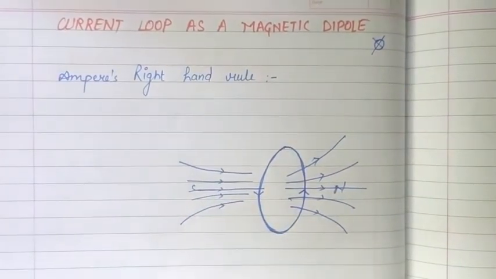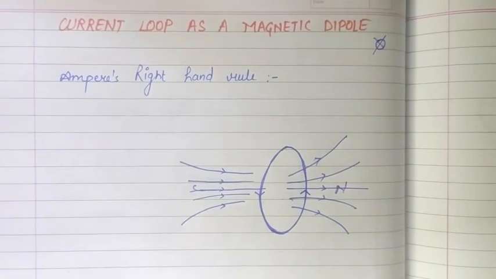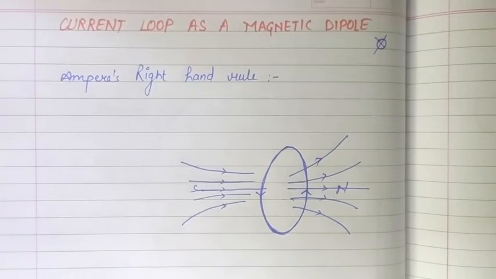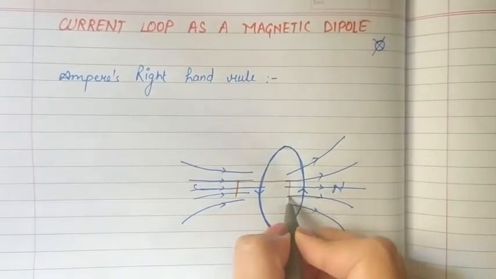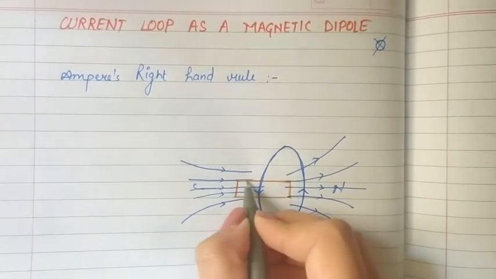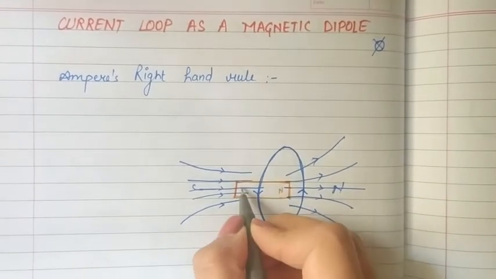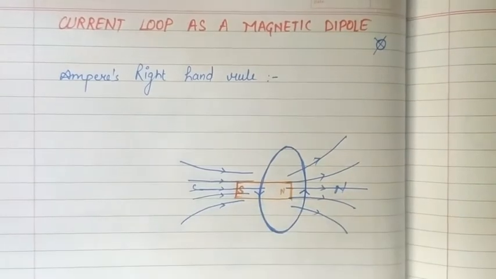Okay, so basically it behaves something like a bar magnet placed here in the middle of the loop. We can consider that, actually we assume that there is a bar magnet like this, and this is the north pole and this is the south pole. It behaves like this.